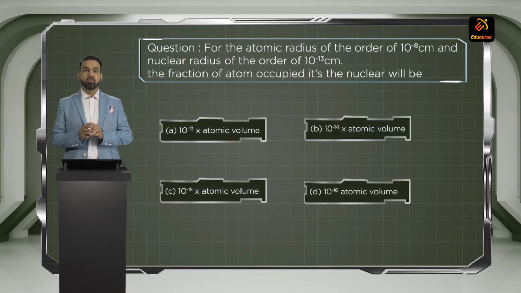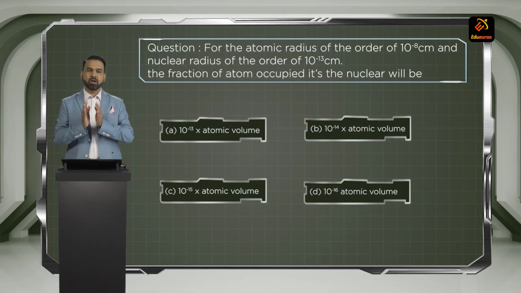Next question says, for an atomic radius of the order of 10 raised to minus 8 centimeter and a nucleus radius of the order of 10 raised to minus 13 centimeter. Radius of the nucleus is given to you. Radius of the atom is given to you. The fraction of the atom occupied by the nucleus will be what?